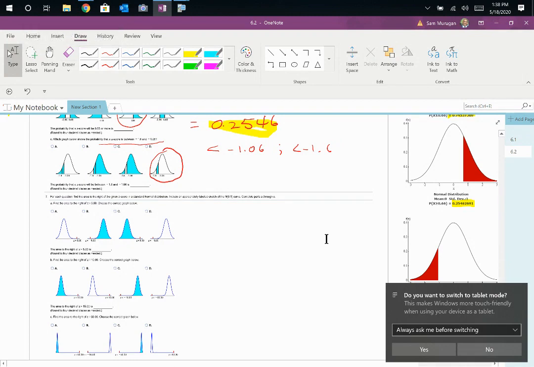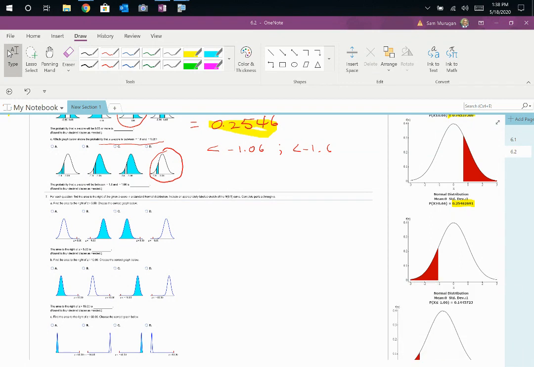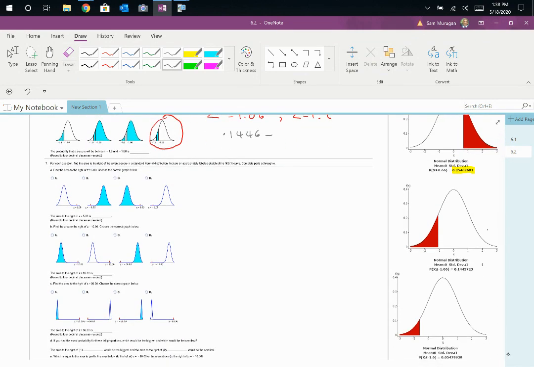I need to write, so I'm going to close this for a second. This is 0.1446 minus 0.0548.